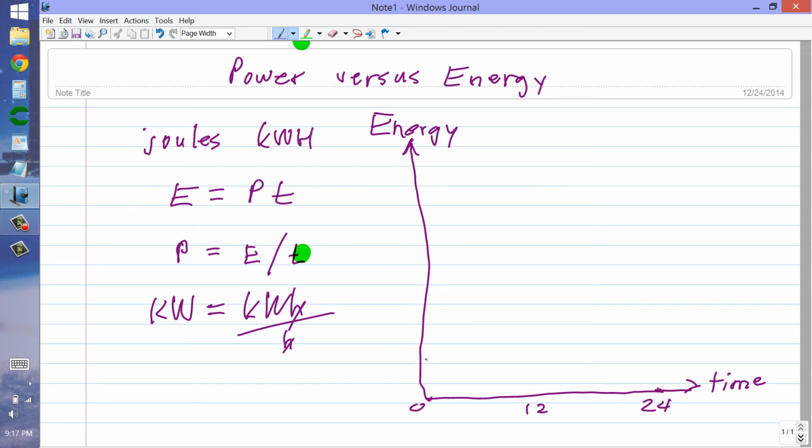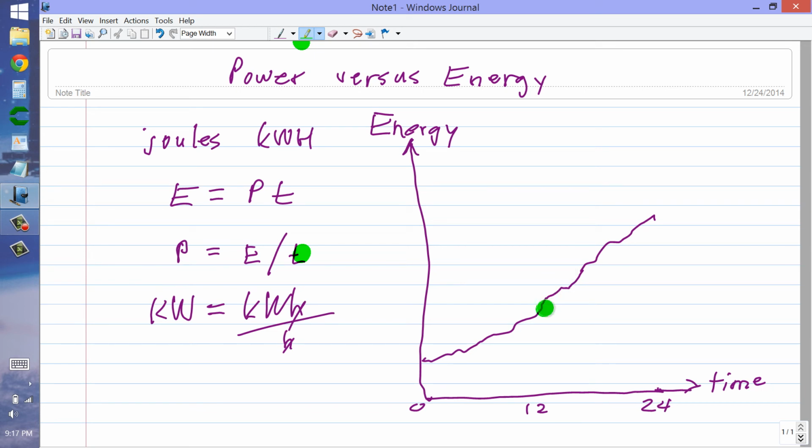So your energy versus time is going to constantly increase because you're using a greater and greater amount of energy as the day wears on. But the power is the rate at which you are using the energy at any given moment of time. So when the curve is nearly flat, you're not using much power.